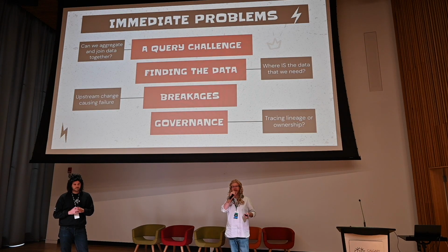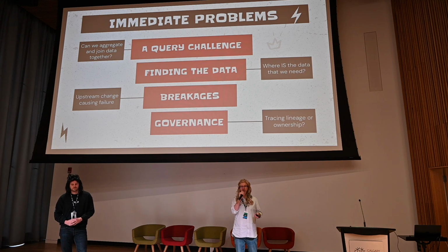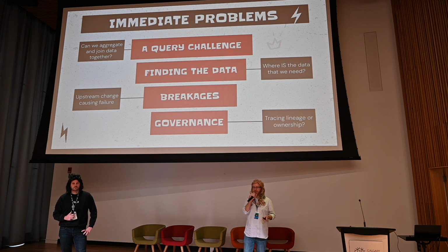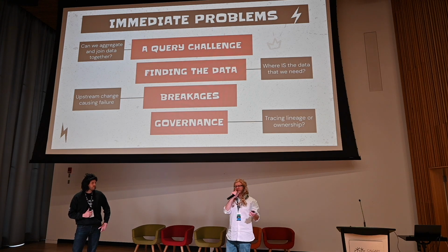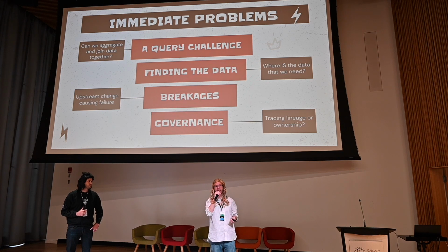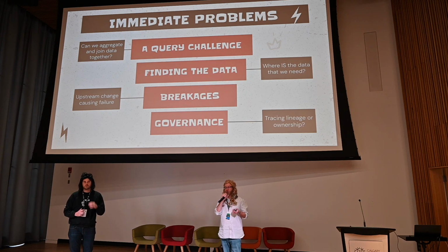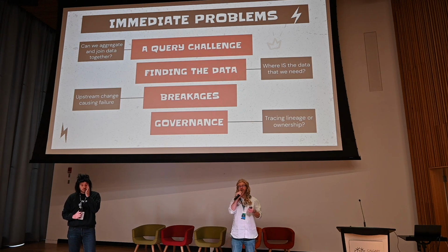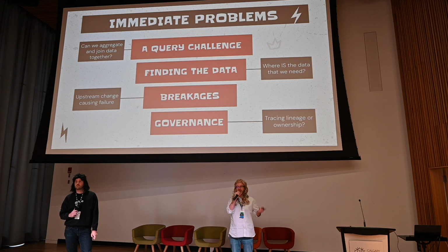And so there are some immediate problems that come up with Neo's architecture and our culture of fast-moving dev teams. With data spread everywhere, how do we aggregate and join this data together to do complex analysis and even run queries that span many of these services, many of these databases, and different data sets?